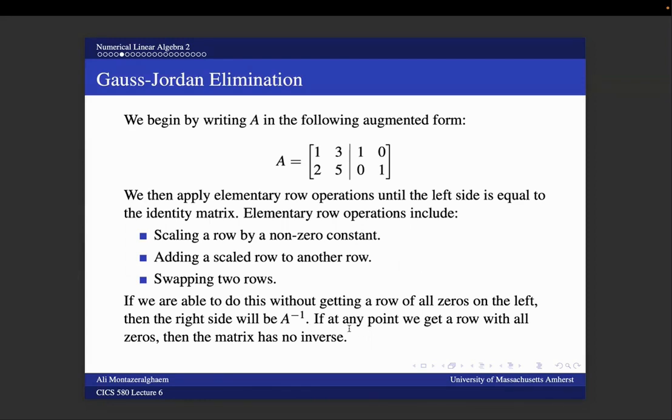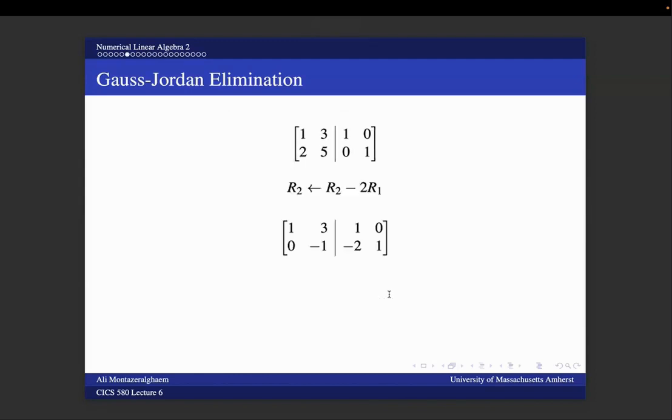And at any point of the algorithm, if we get a row with all zeros, then we can conclude that the matrix has no inverse. So for example, here we have A, and then we concatenate A to the identity matrix here.